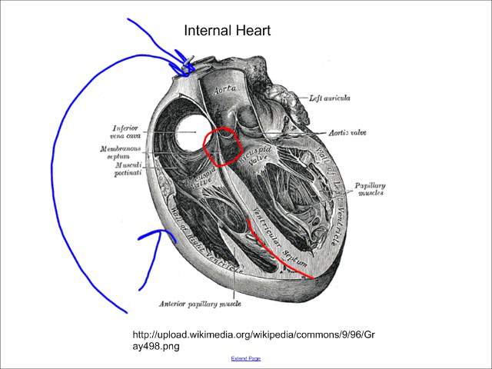But anyway, this is basically blood that's coming in from the systemic circuit of the body, or basically all of our body tissues, whether it's from the underside of the heart or from above the heart. This blood is going to enter the right atrium, the right ventricle, and get pumped up into the lungs.